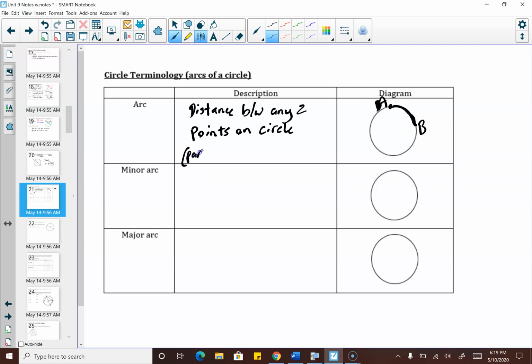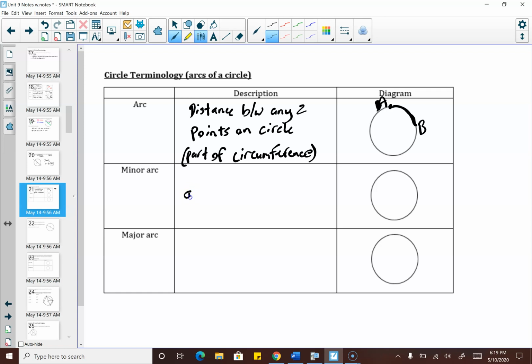It's almost like part of the circumference of the circle. Remember when we did arc length, we found the distance around part of a circle. It's kind of the same thing here. So the arc is the distance between any two points on that outside edge of the circle.